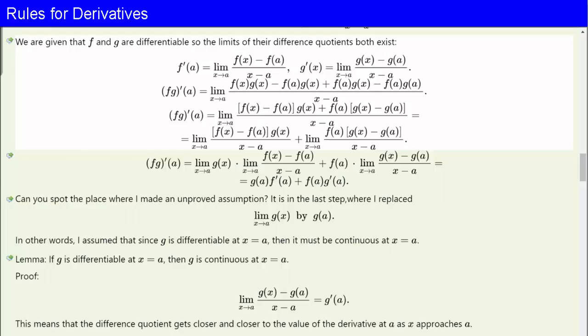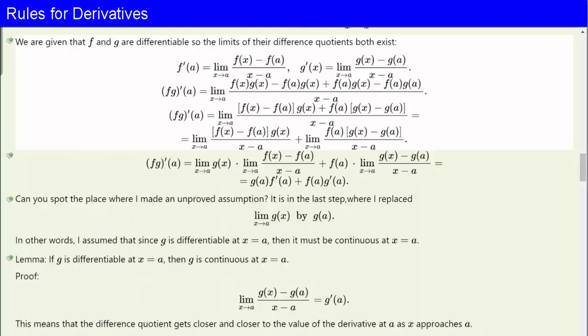We can relate this information to the limit which gives fg prime by a clever device of adding and subtracting the same term from the numerator. We write down fg, the derivative, at a, is the limit as x tends to a of fg at x minus fg at a, and then we add and subtract f at a g of x, which is just 0, so we haven't changed anything.